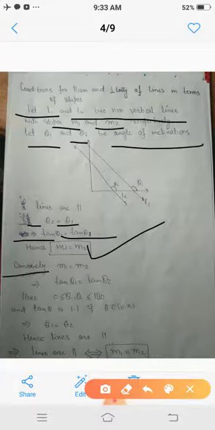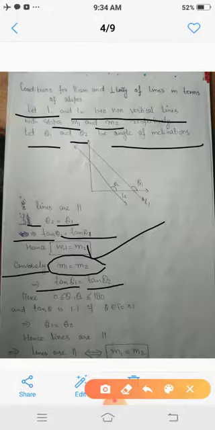Conversely, suppose their slopes are equal, meaning m1 equals m2, which implies that tan theta 1 equals tan theta 2 by definition. Here theta 1 and theta 2 are the angles of inclination of these two lines, and you know that the angle of inclination of any line lies between 0 and 180, and in this interval tan theta is a one-one function.